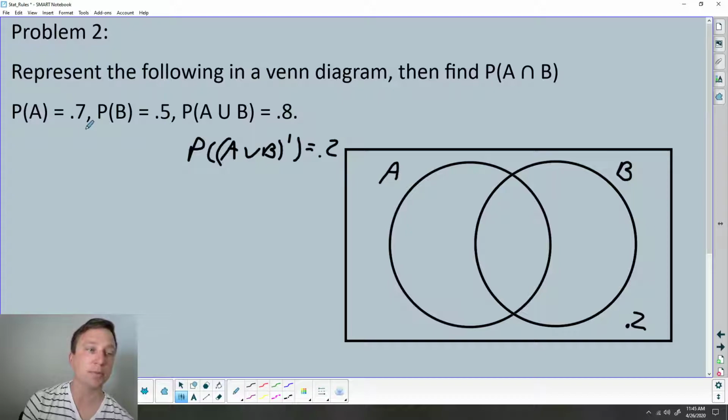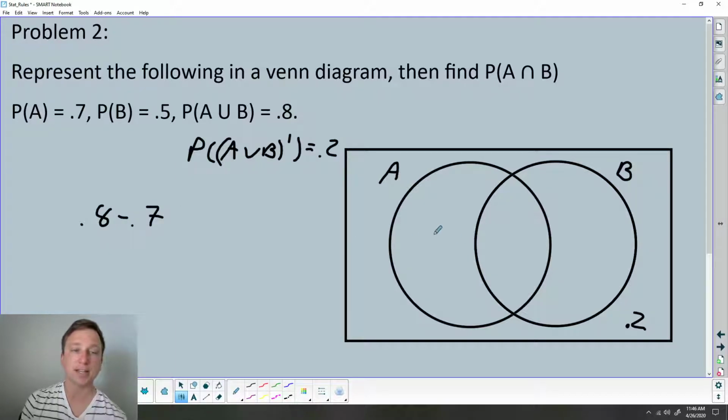If I know the probability of A is 0.7, and I know that the probability of A or B is 0.8, I can find what the probability of B by itself is, because 0.7 is this region plus this region. So if I take 0.8, which is the probability of 1, 2, 3, and I subtract 0.7 from it, that gives me this region right here of B by itself, which is 0.1.